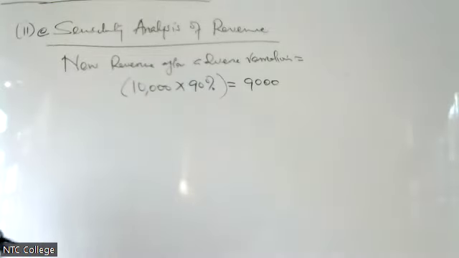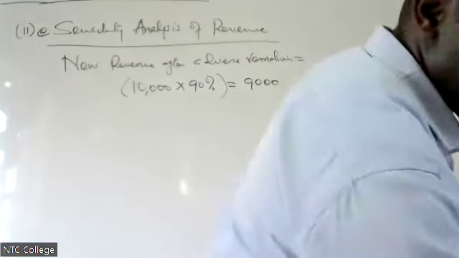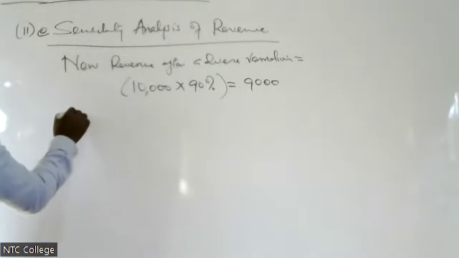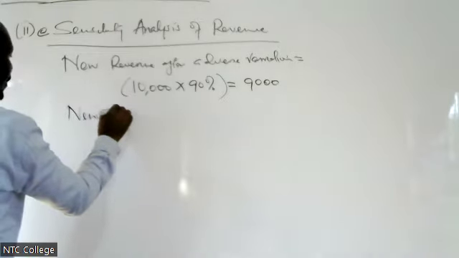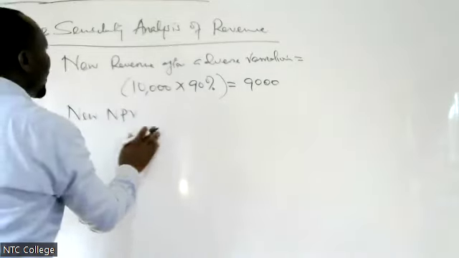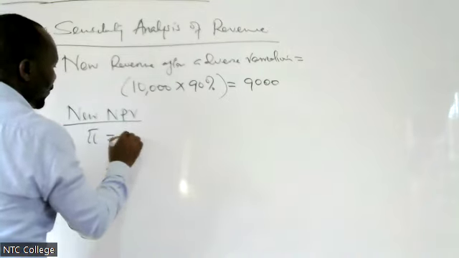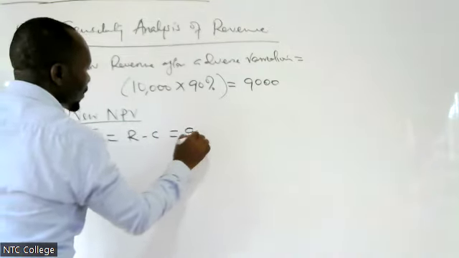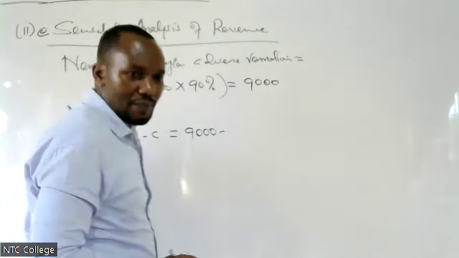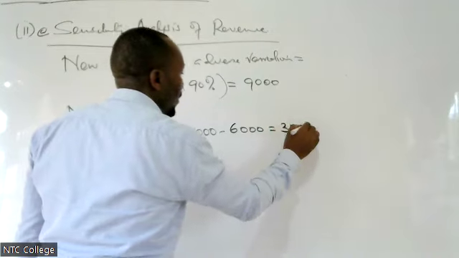Now with this 9,000, what will be the new NPV? Our new NPV will be, first you need to get profit. Profit will be revenue minus cost as usual, which is now 9,000 minus 6,000, which gives you 3,000.